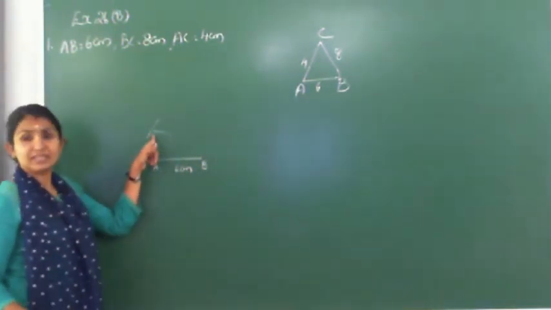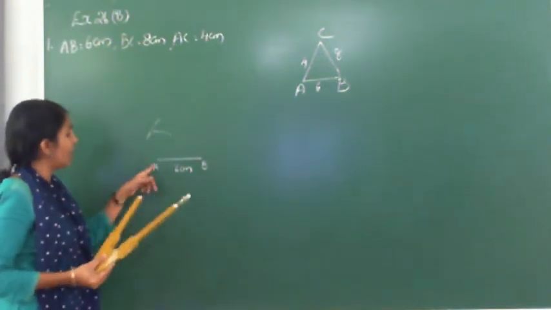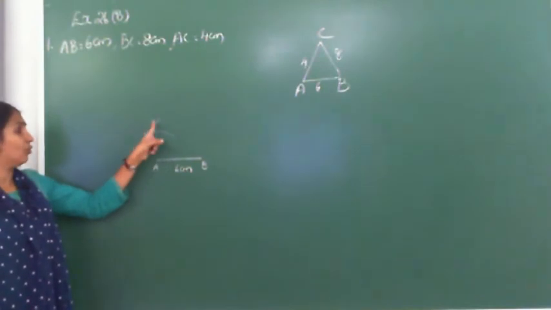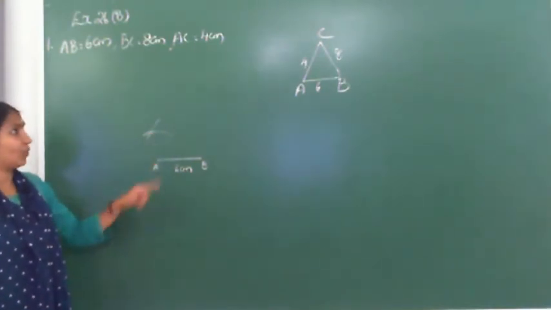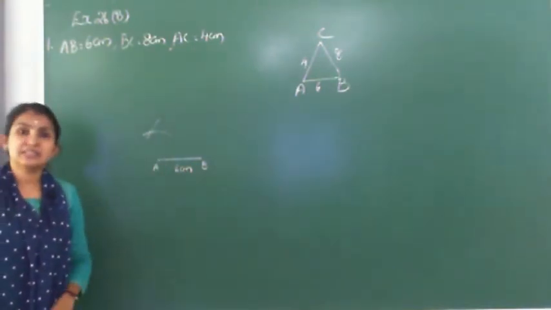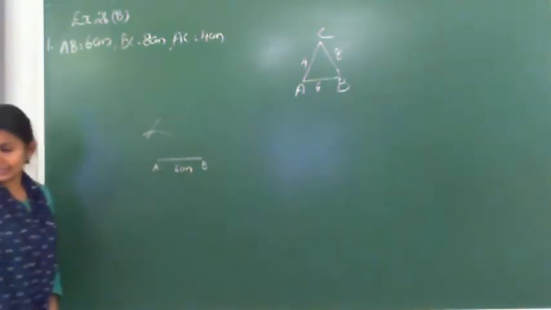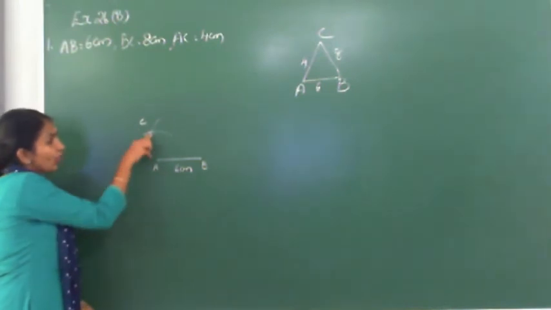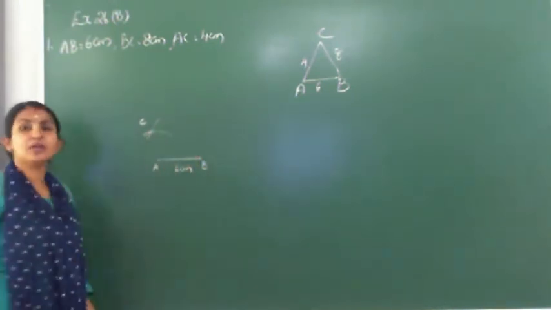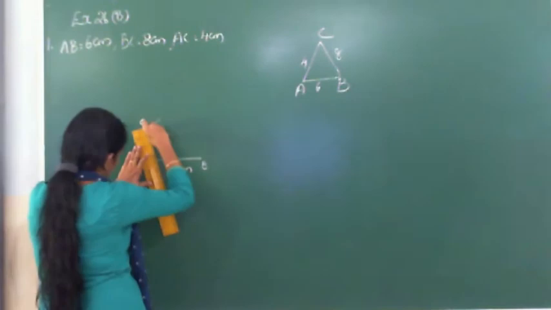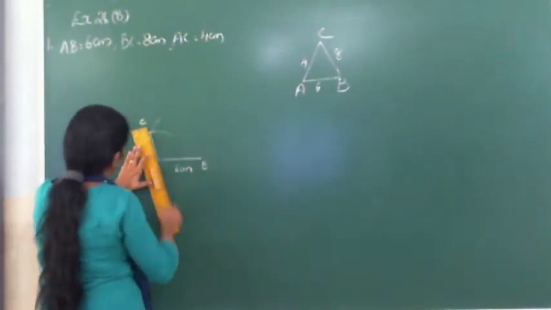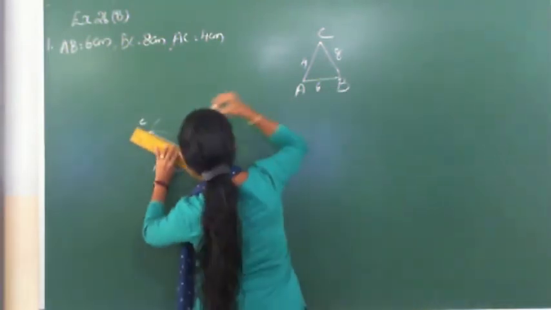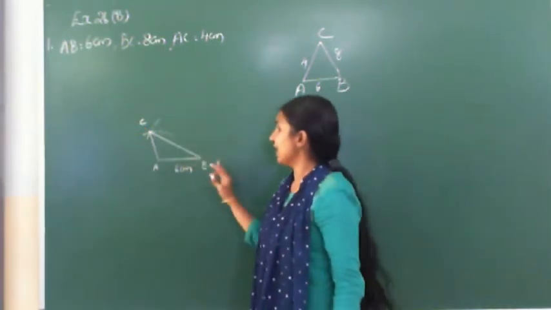See, in some cases it won't do, so again we have to take it and then we got a point here. Both the arcs intersected in one point. That point is C. After marking it as C, we just join CA and CB with the scale.